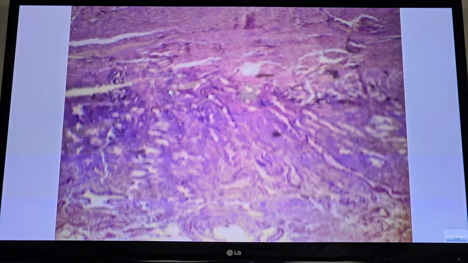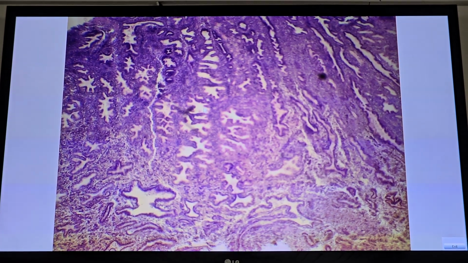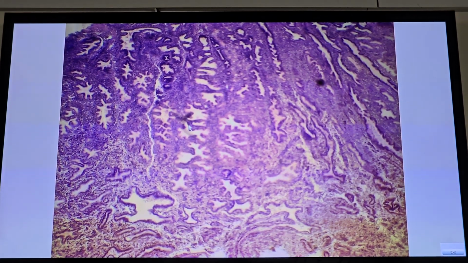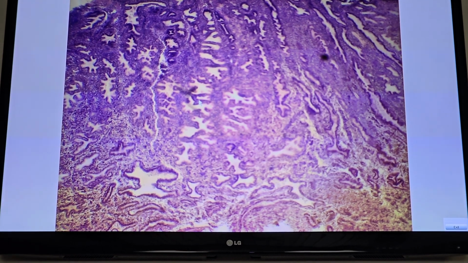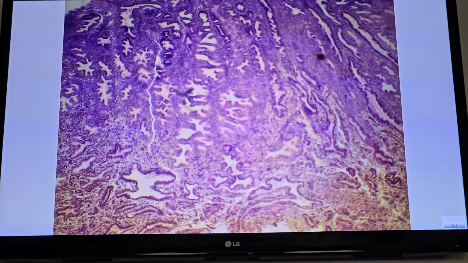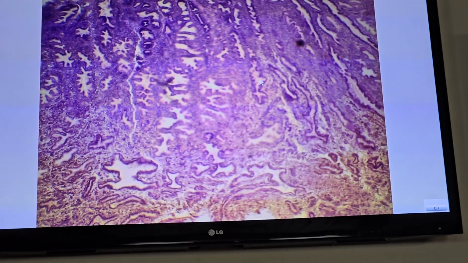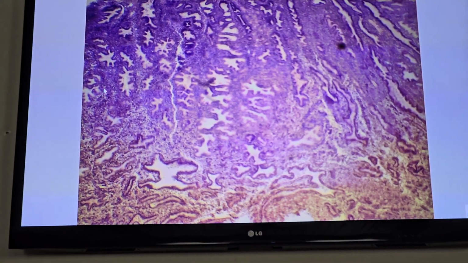luteal phase. Here we can see the uterine glands become coiled or tortuous and dilated lumen filled with secretion. Is the difference clear?